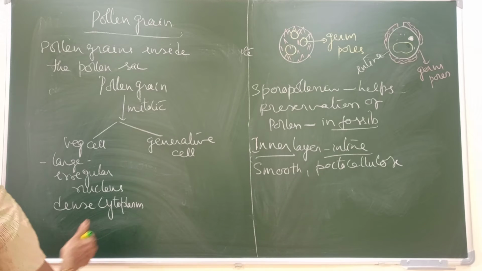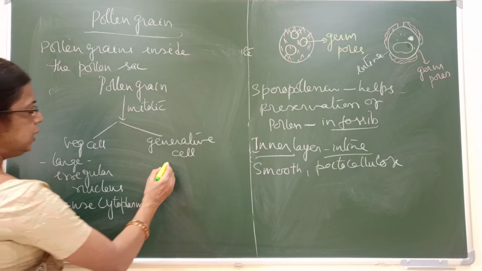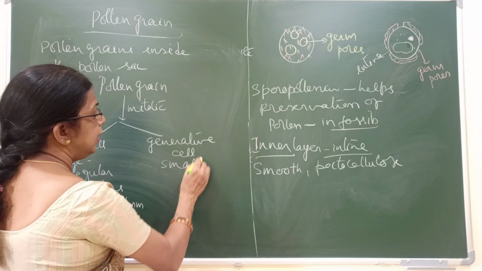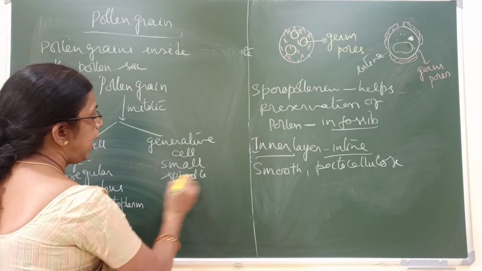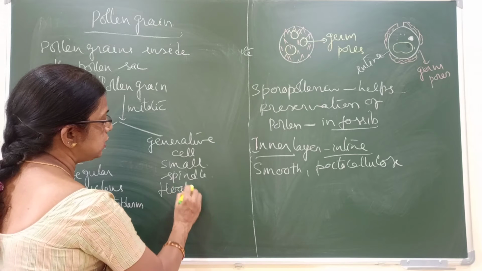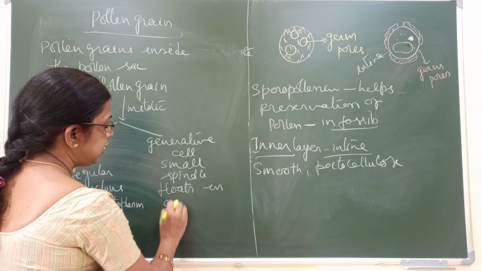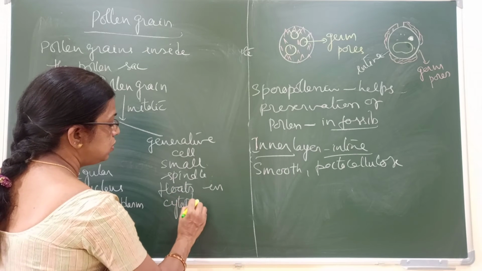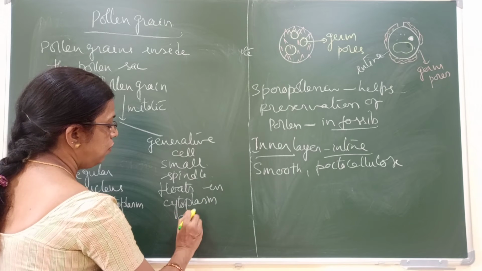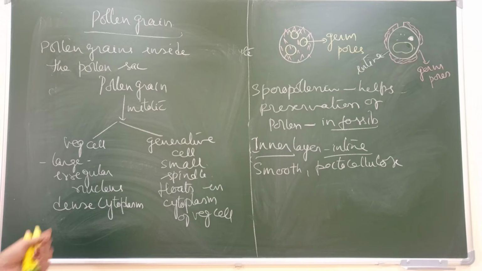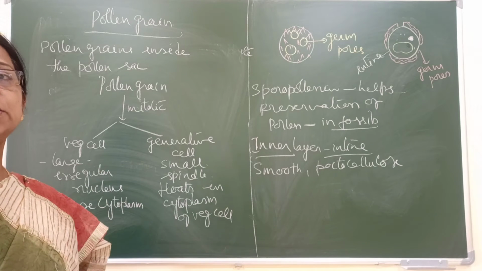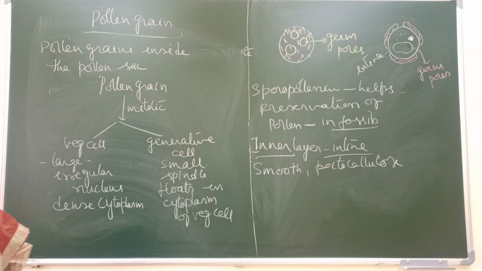Now, what happens to the generative cell? The generative cell is much smaller and spindle shaped, and it floats in the cytoplasm of the vegetative cell.